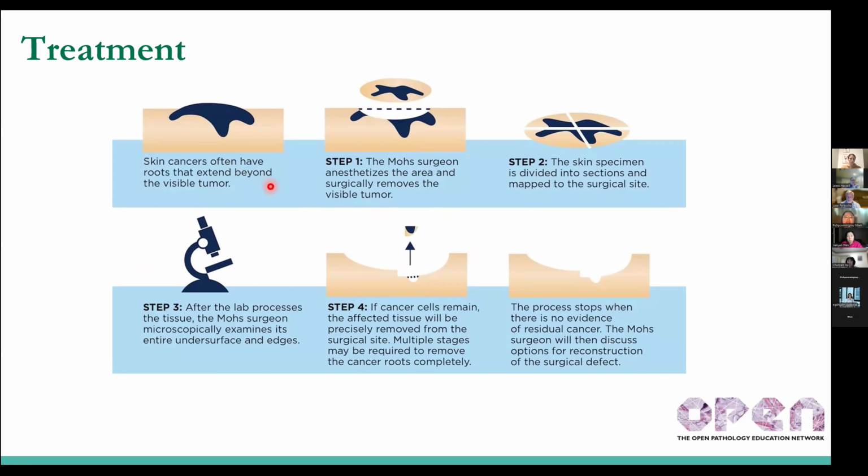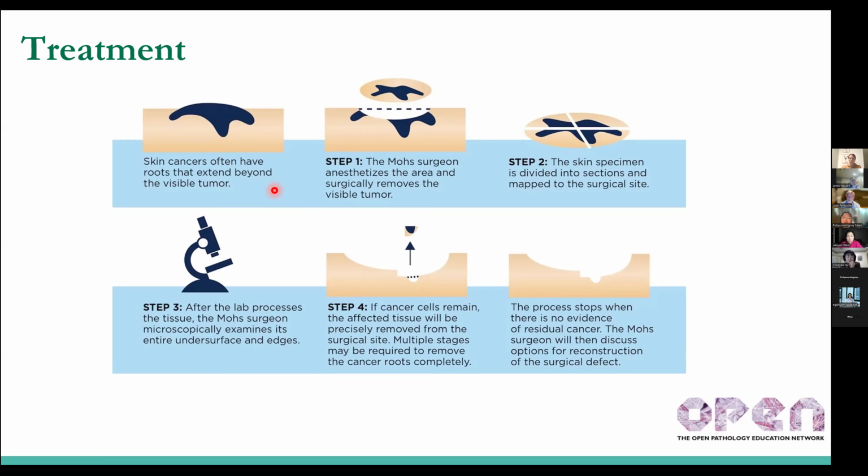So usually skin cancers have roots that extend beyond the visible tumor. For Mohs surgery, they will remove the visible tumor first, and then they section the tumor in a way that they number the lesion carefully so they know which sections they take. And then they send it to a path lab, and they will process the tissue, and then pathologists will take a look at it to see if there is positive tumor margin.